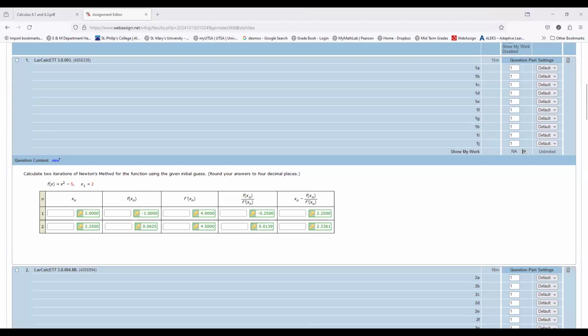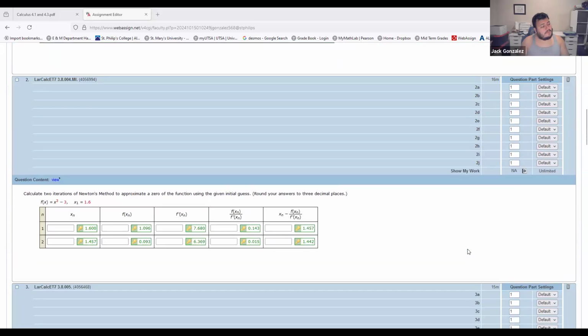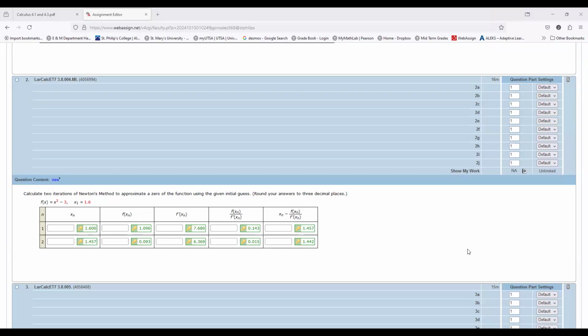Is there a limit to what your starting value can be? No. Are you wondering if it matters? Yeah, like is it always going to approach the closest zero or the zero to the left or the zero to the right? I see what you're saying. Yeah, it'll find the zero that's closest to the number you choose. So if there's multiple zeros, then yeah, that could happen.